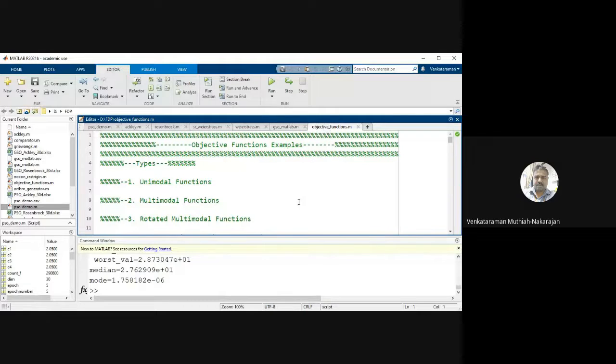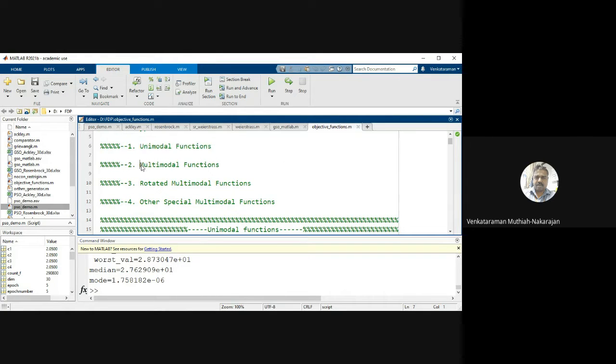Okay. So these are some of the functions, which we will be calling objective functions. The type of functions that we might have: the function could be unimodal, the function could be multimodal, the functions can be otherwise rotated multimodal functions.